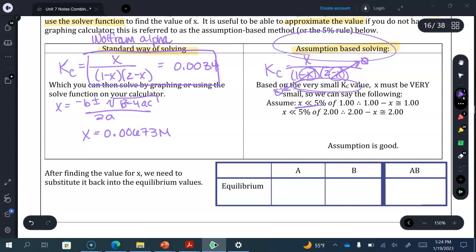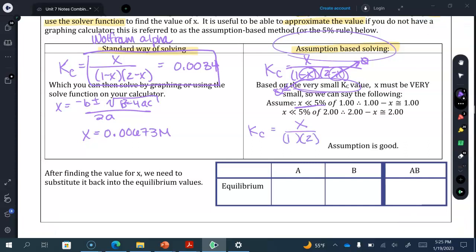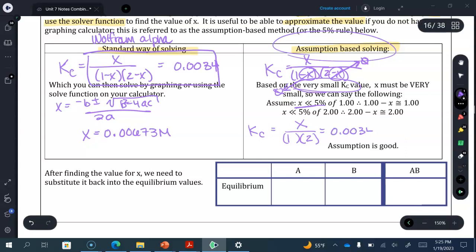So we can write our assumption Kc as x over 1 times 2, because we said that those x's that were being subtracted are very, very close to 0, that change is very, very small. And that has to be equal to 0.0034.